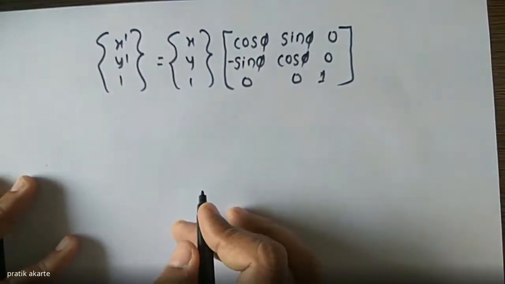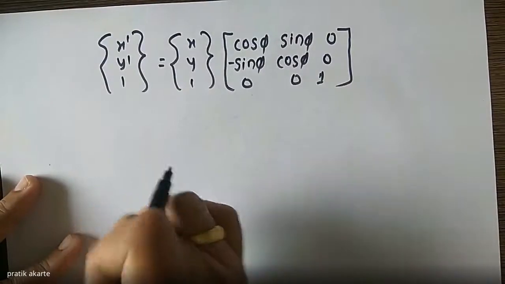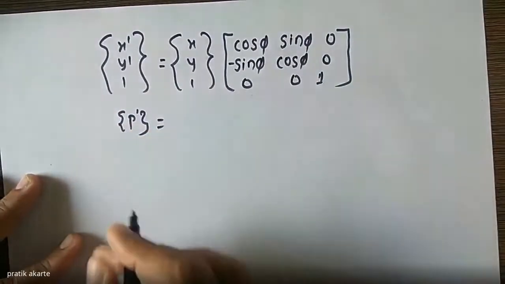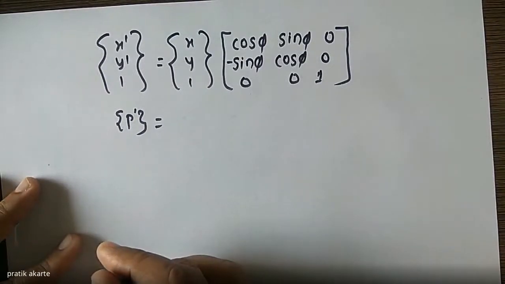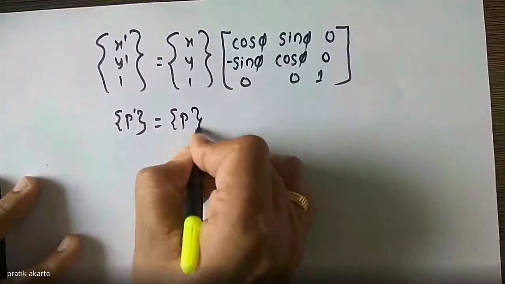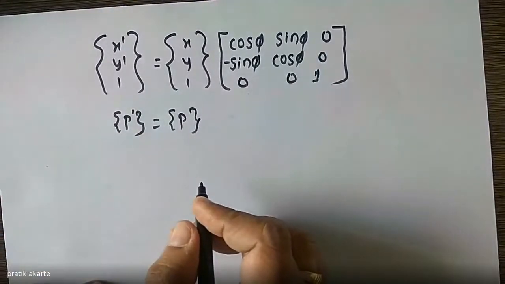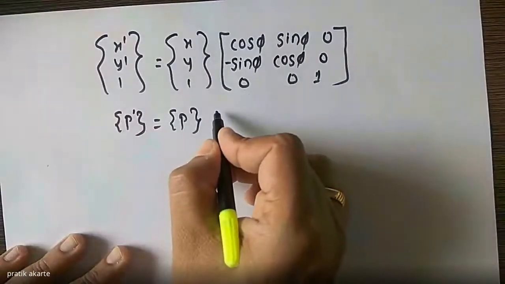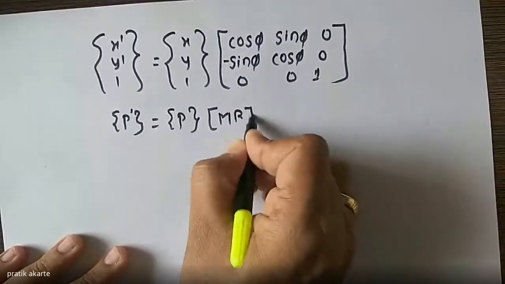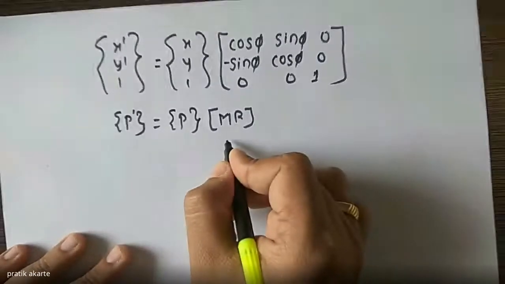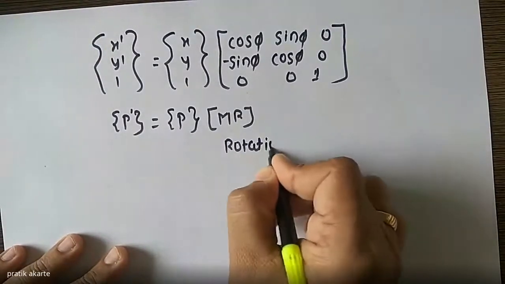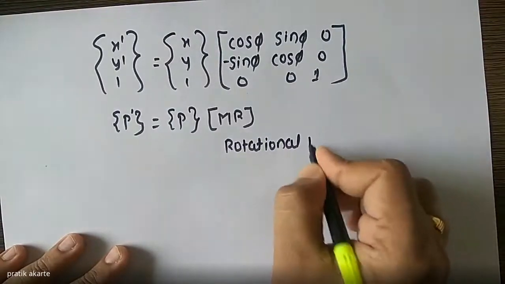Okay, so this is your rotational mapping. So this is your P dash, which is the coordinate of point P in the new coordinate system. This is your P, coordinates of point P in your original coordinate system, and this is your MR. Now what is MR? MR is your rotational mapping matrix.